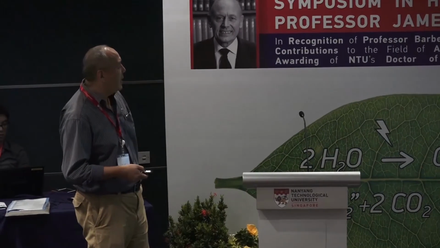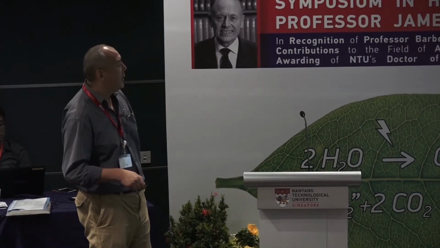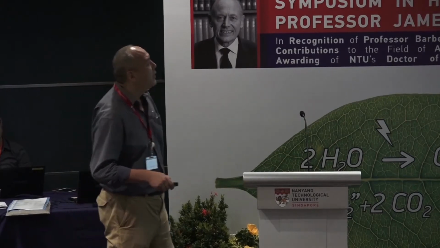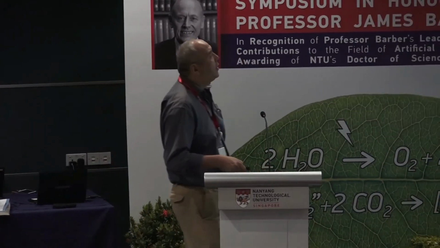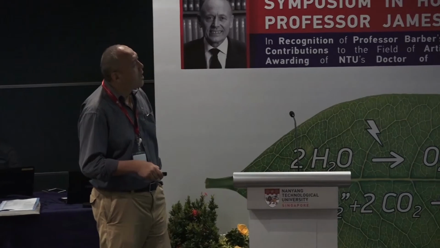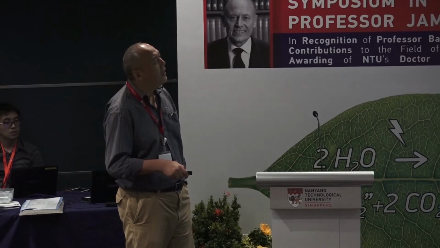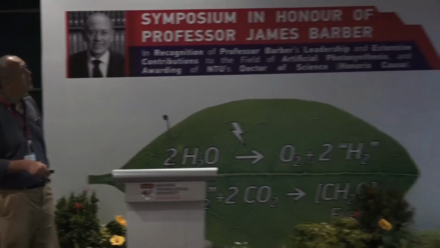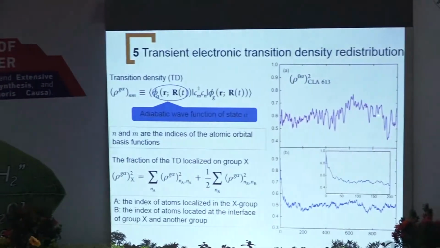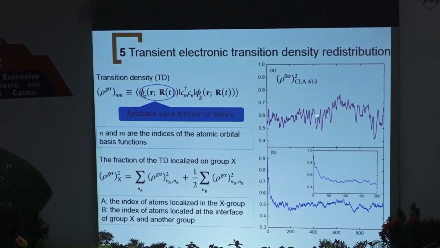And here I just show some of the results. For example, over here on one monomer, this is CLA613. This one has a slightly higher charge density, higher than 0.5. On average, it's like 0.6, 0.7.